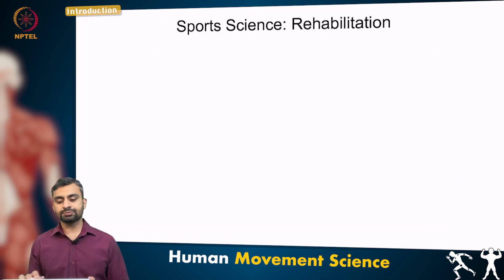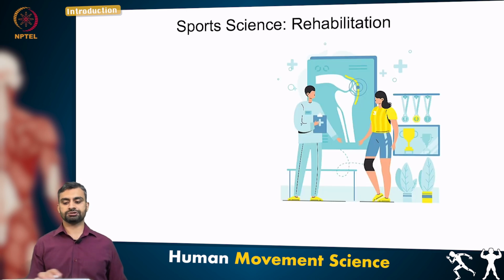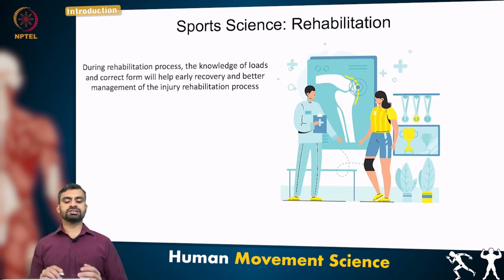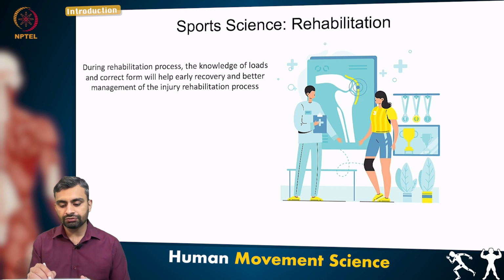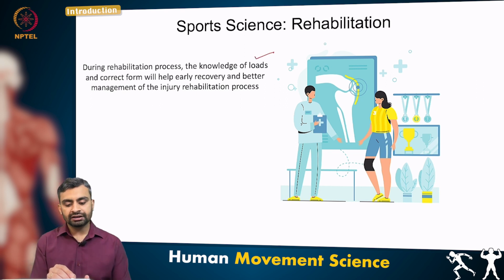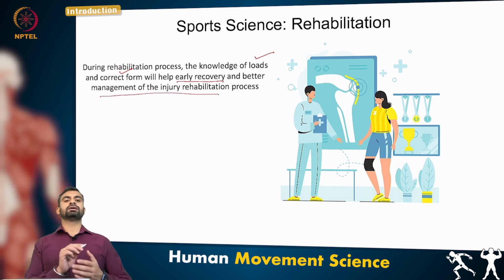And finally, in sports science, human movement science has application in rehabilitation also. In the rehabilitation process, the knowledge of loads and the correct form will help in early recovery and better management of the rehabilitation process.